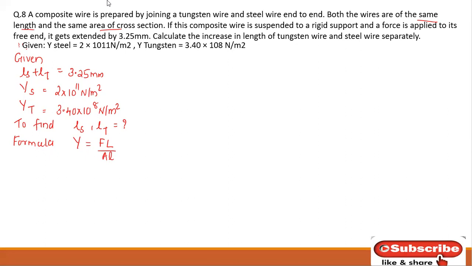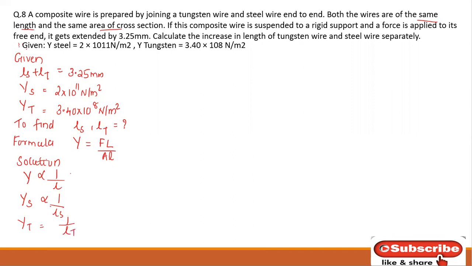Therefore, Young's modulus is proportional to 1 upon l, because other terms are constant. So for steel wire we can write YS proportional to 1 upon LS, and for tungsten wire we can write YT proportional to 1 upon LT.